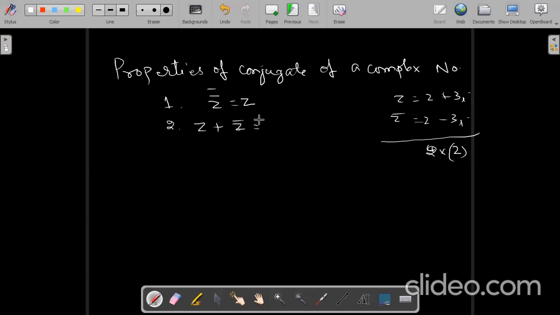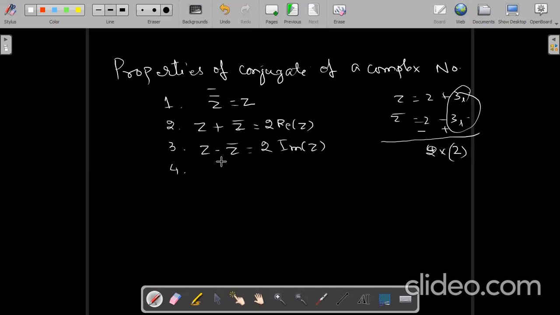So we can say that the sum of the number with its conjugate will be equal to 2 times the real part of the complex number. Similarly, if you subtract, this minus will become plus and this will become minus, so you get 2 times the imaginary part. So z minus the conjugate of z gives 2 times the imaginary part of z.